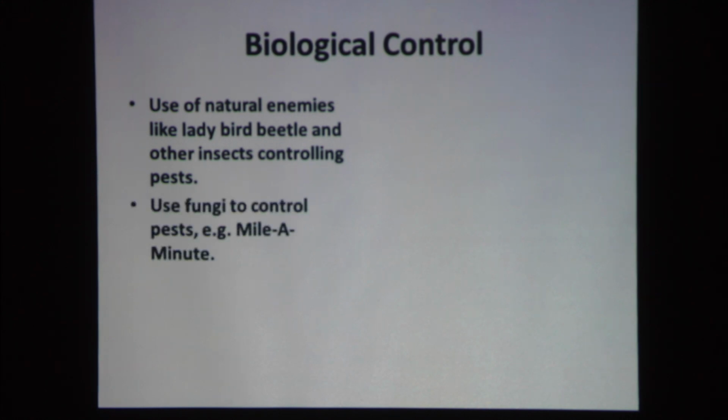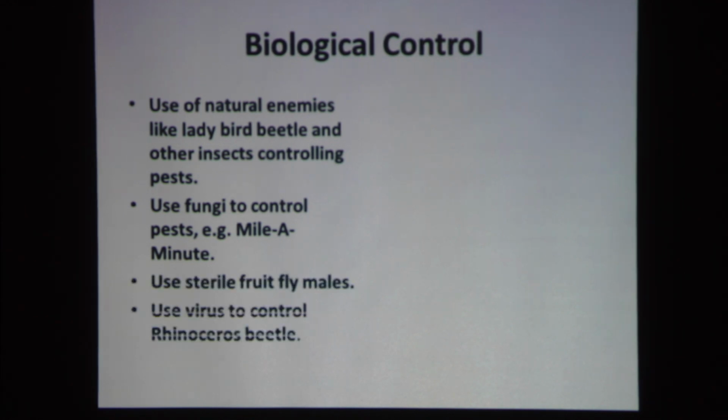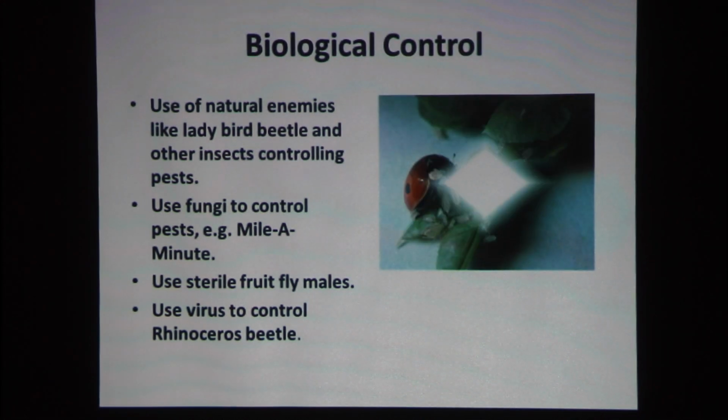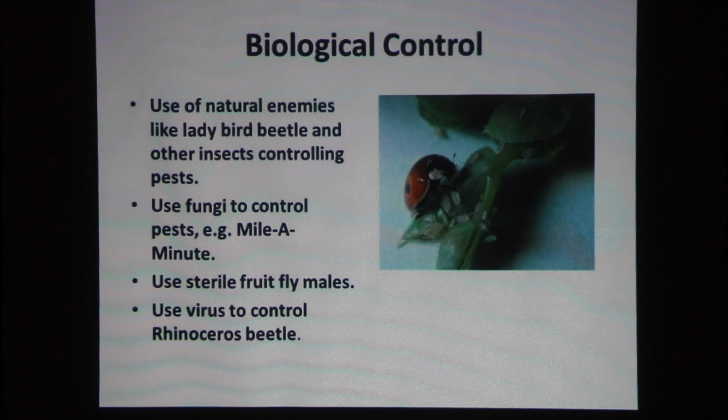You can also use fungi to control pests, like for the weed mile-a-minute. There is a fungus to control the weed. There are insects which eat insects, like the ladybird beetle in the picture eating aphids or other insects.